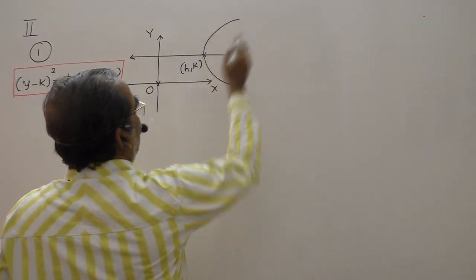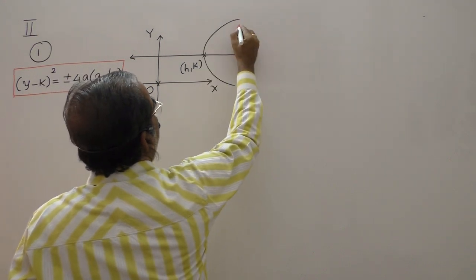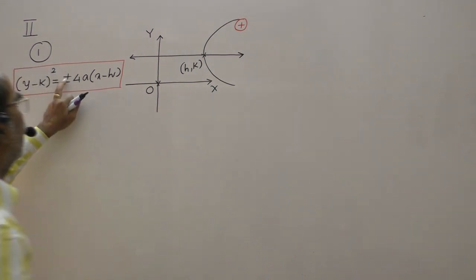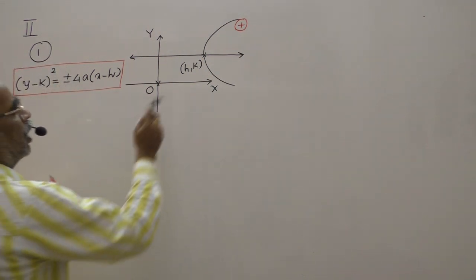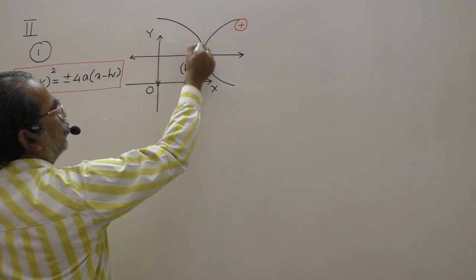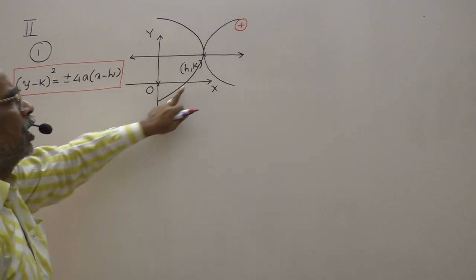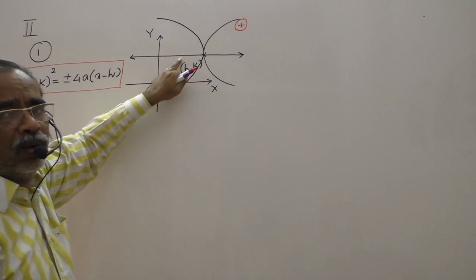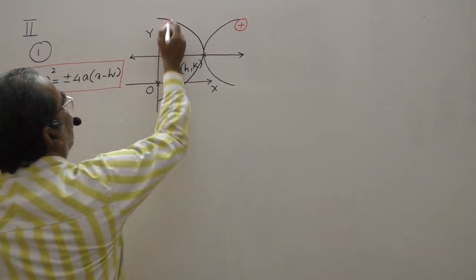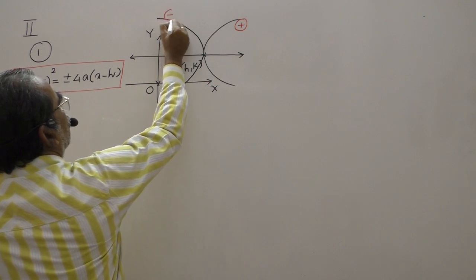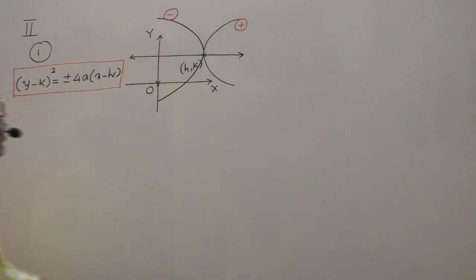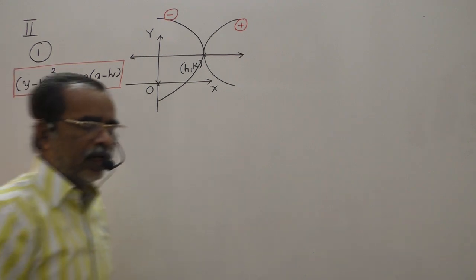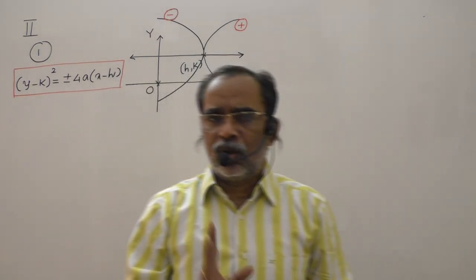If the parabola is bending right side, then in the equation you should take plus 1. There can be parabola like this. For this parabola also vertex h comma k, axis is parallel to x-axis only. If parabola is bending left side, then you are supposed to take minus in the equation. Once again, this is set 2.